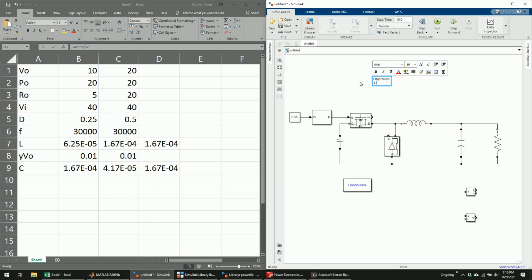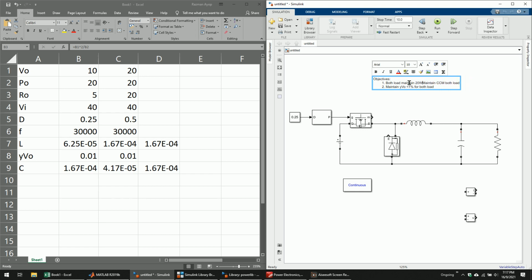So for this example, your objective is to maintain CCM, continuous current mode, for both loads. The second one is to maintain the output voltage ripple factor less than 1% for both loads. Third, we mentioned both loads. Both loads maintain 20 watt of power.